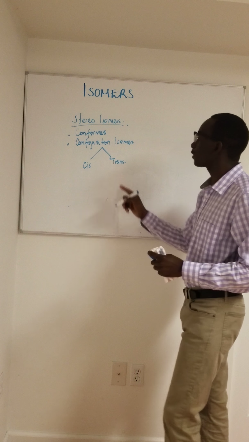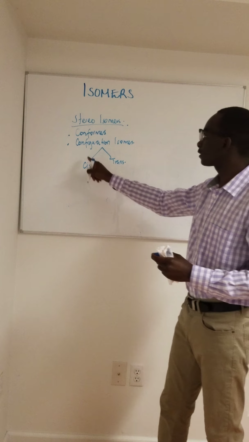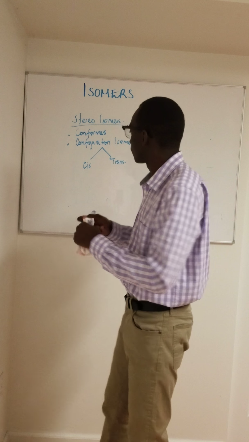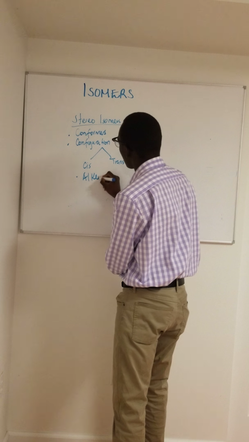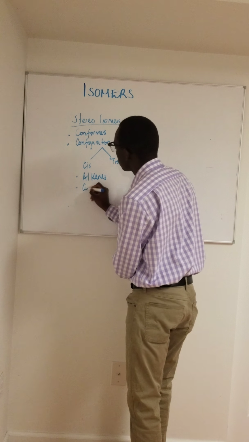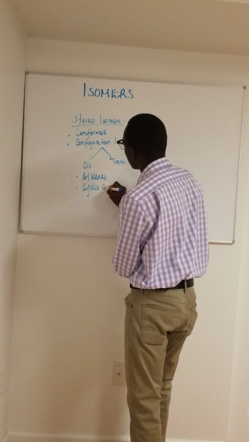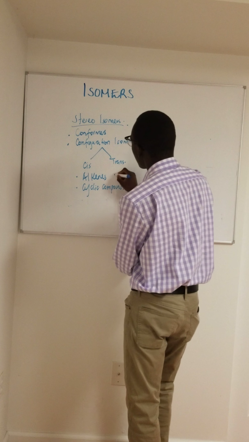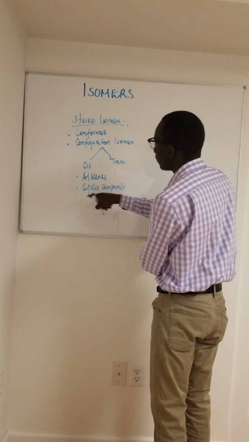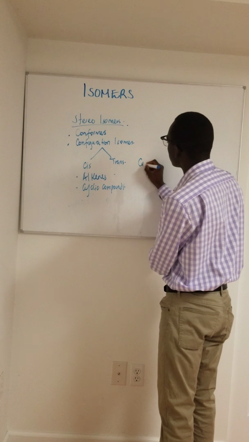This type of isomer exists in alkenes and cyclic compounds. This is common in alkenes and cyclic compounds. For example, let me begin with cyclic compounds.